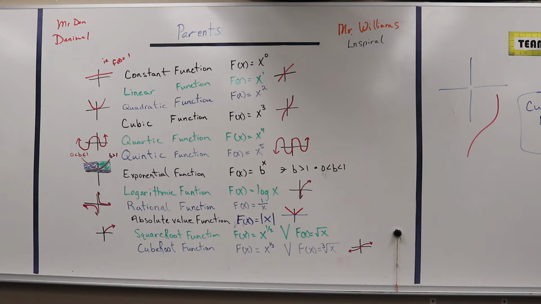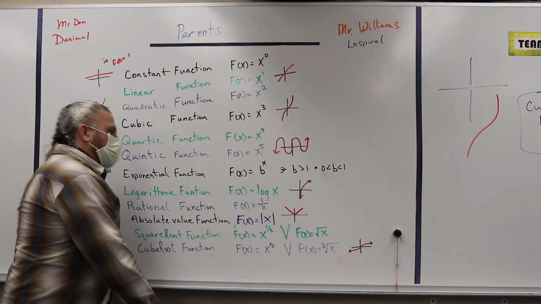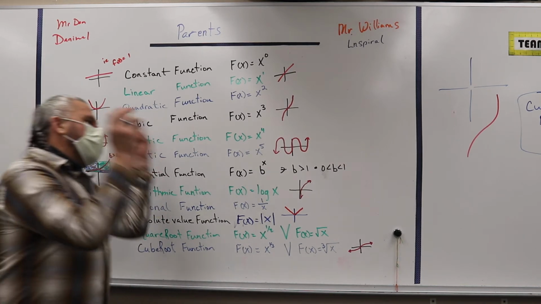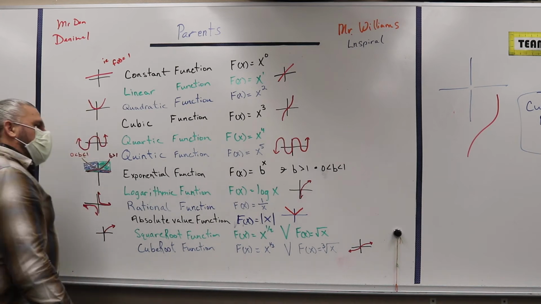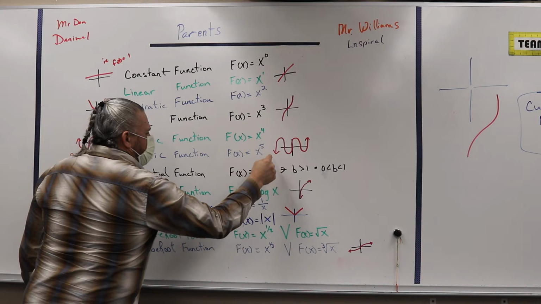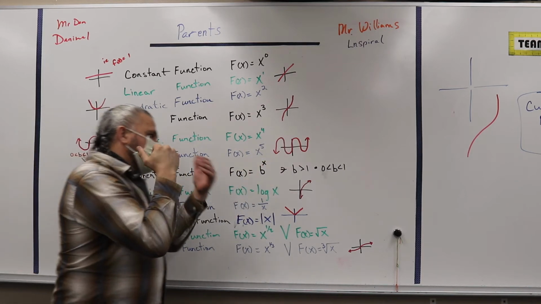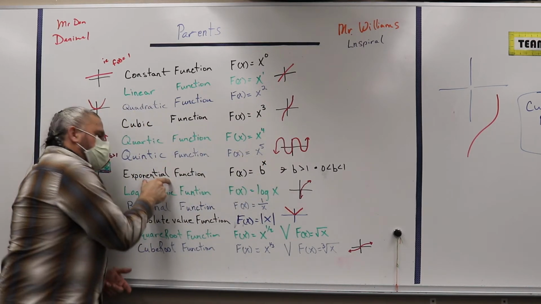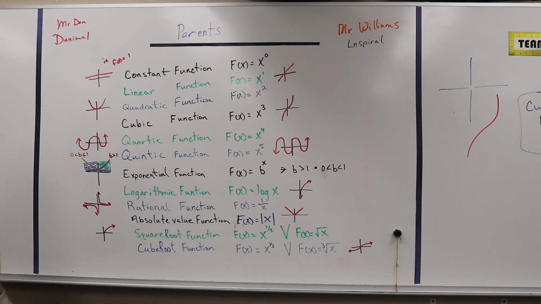And then the fun ones, exponential function, right? And we're going to use this for exponential decay and all that stuff. So when b is greater than 1, okay? So it's always b to the x. Your variable becomes an exponent. That's why it's exponential function, okay?